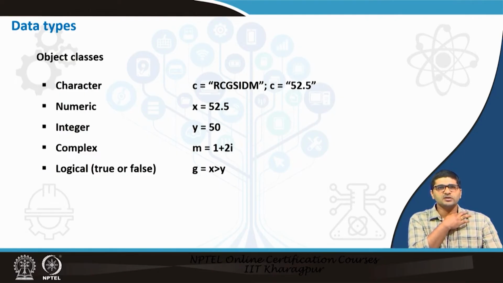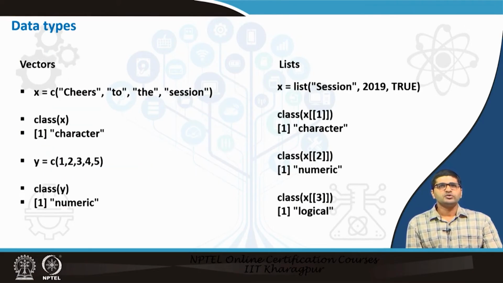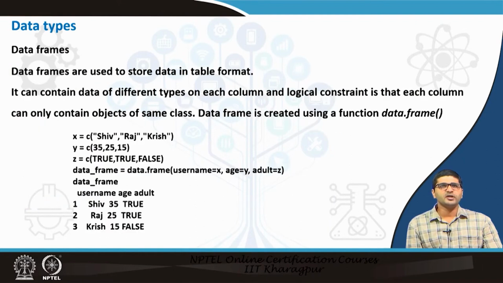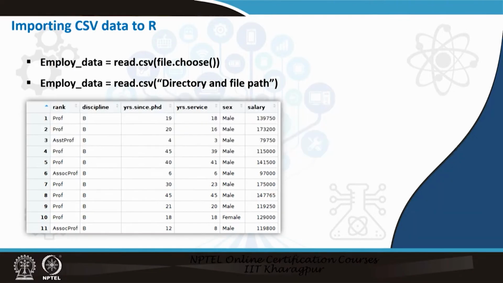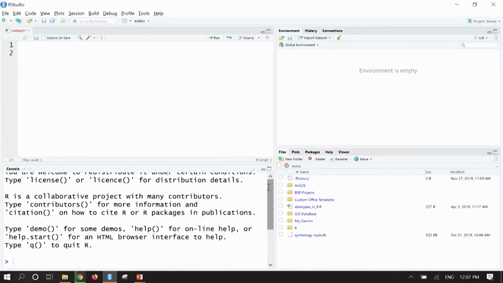R has 5 object classes: character, numeric, integer, complex and logical. We will see them one by one. Next are vectors and lists, and finally matrices and data frames. How to create these, we will see in R software. We will go to R Studio now. Here let us try to create one object class.